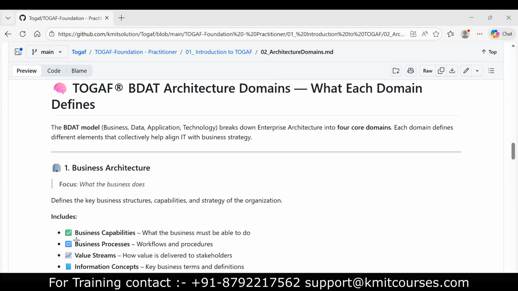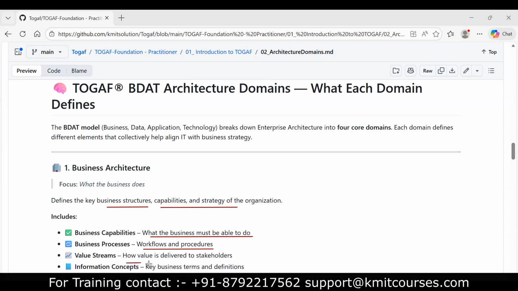So let's understand, we know what business architecture is now. It mainly focuses on the business areas. It defines the business structure, the capabilities, and strategies of the organization. Let's understand what business capability is: what the business must be able to do. Business processes are basically workflows and procedures.